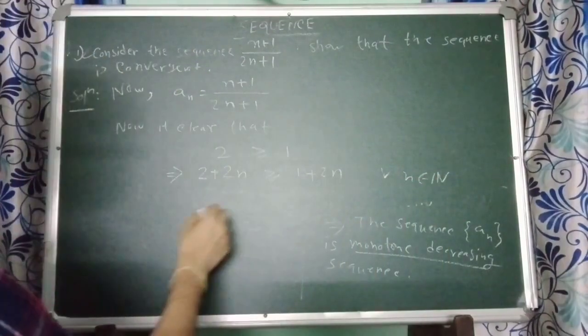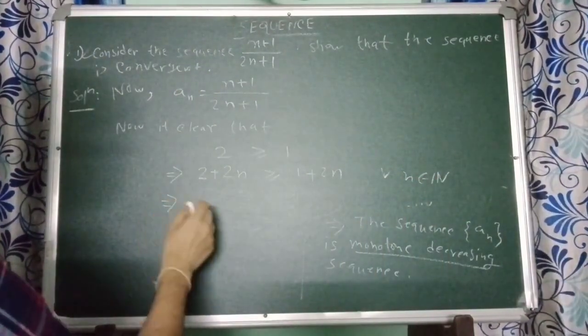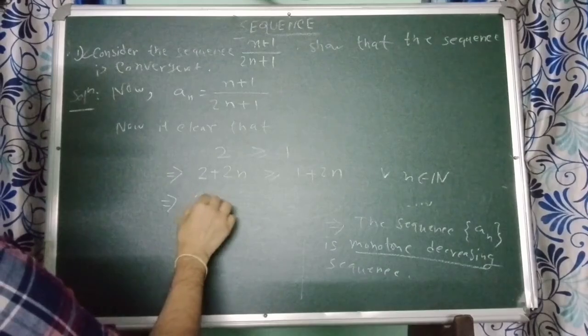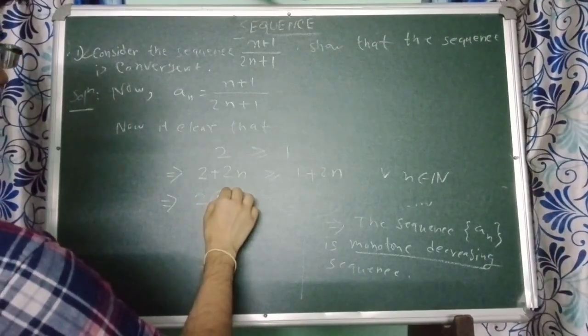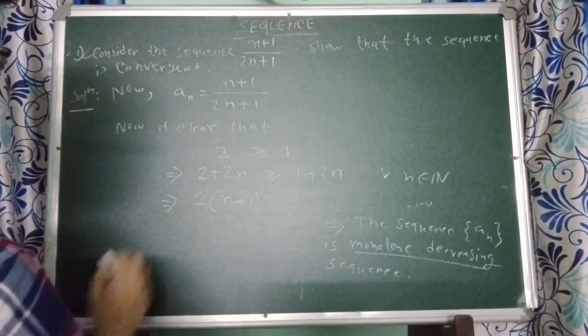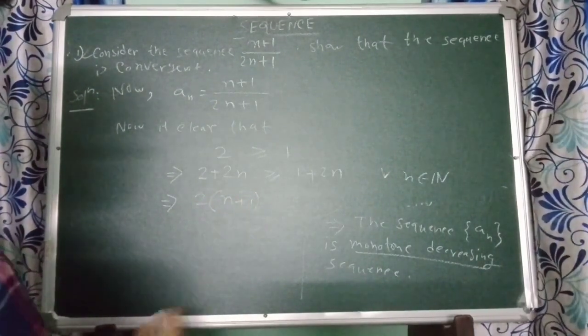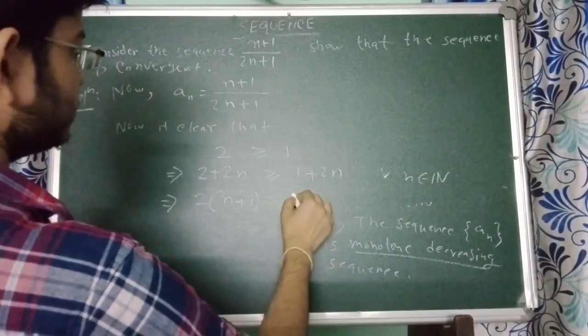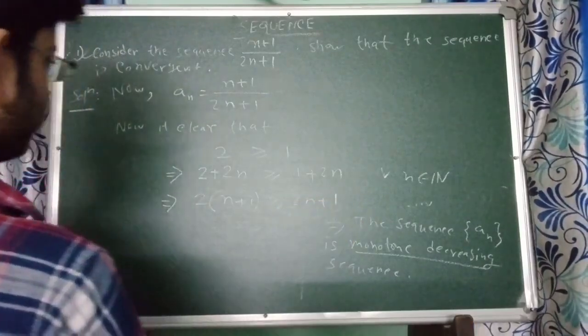If we take common 2, then we have the expression 2 into (n+1), which is greater than or equal to 2n+1.